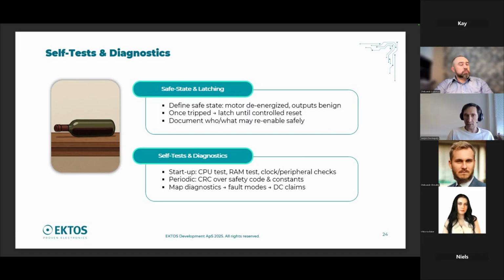On startup, run diagnostics for your RAM and peripherals, and also consider periodic diagnostics on the MCU, because it is quite important. For diagnostic coverage, use your FMEA and also the architecture design where you define mitigation actions for faults.